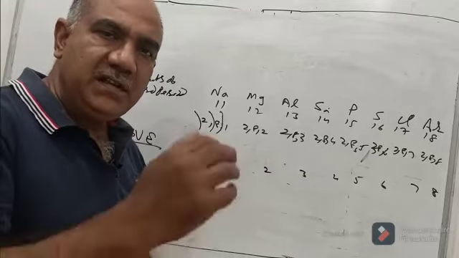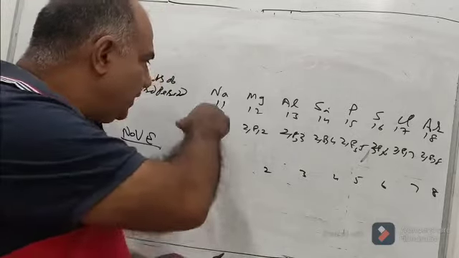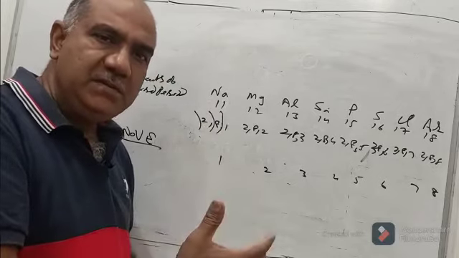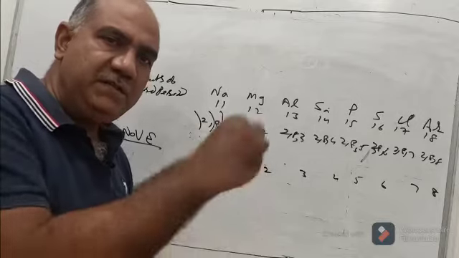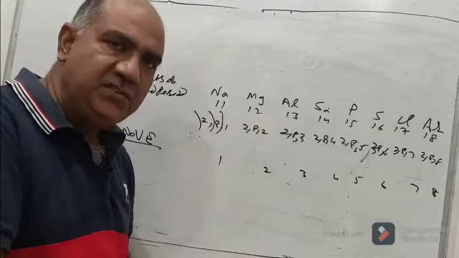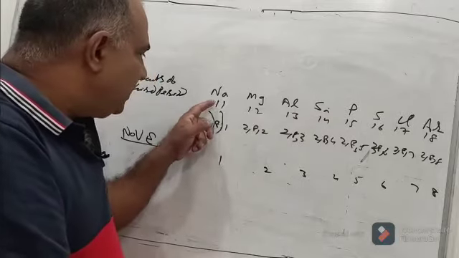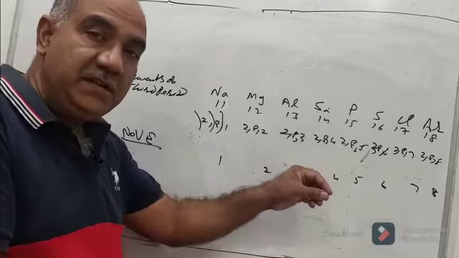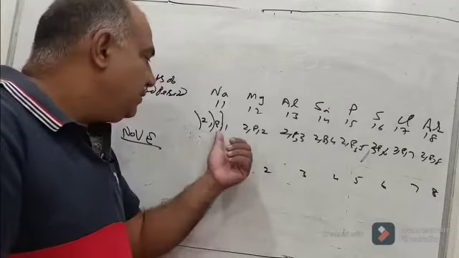Valence electrons are the electrons that are present in the outermost orbit of an atom of an element, and also sometimes we call it as valence orbit. So valence electrons are the ones that are present in valence orbit, which undoubtedly is the last orbit for that particular element. So here for sodium, third is last. For all the elements that are kept in the third period, the last orbit is their valence orbit or valence shell.